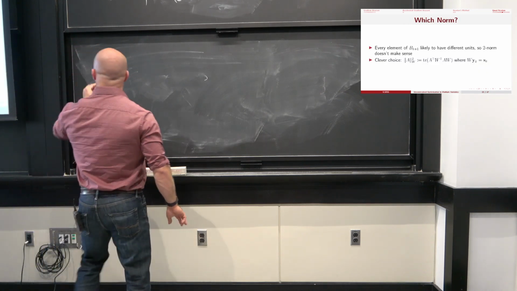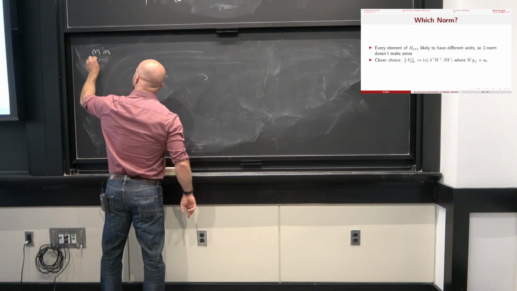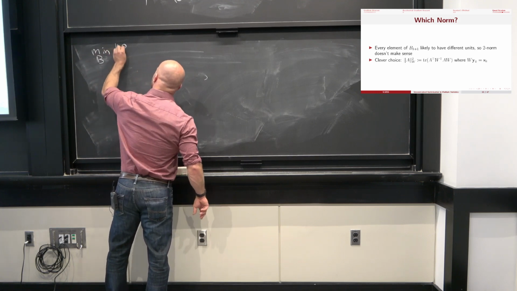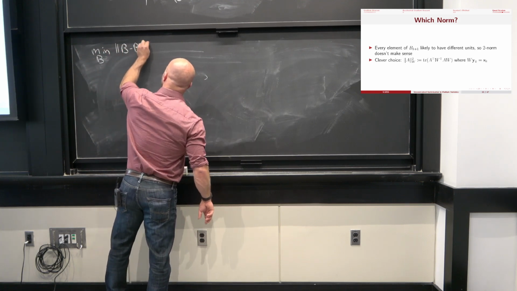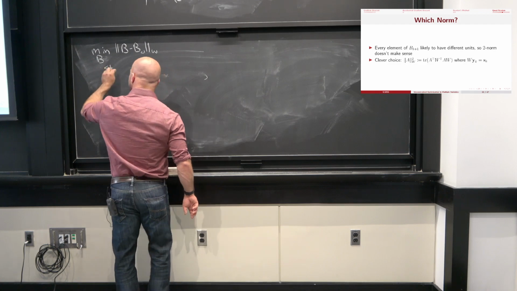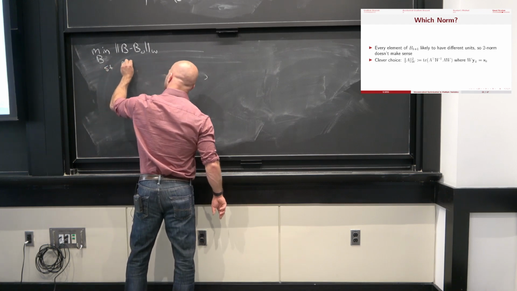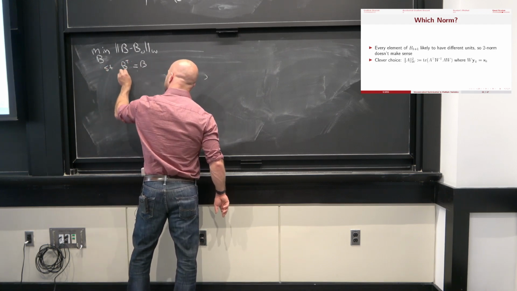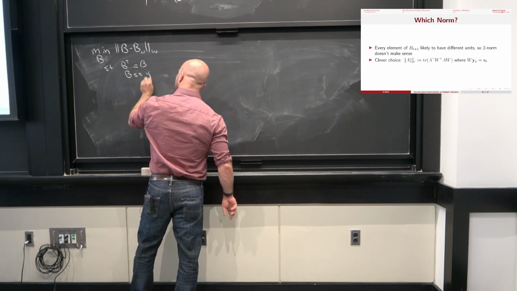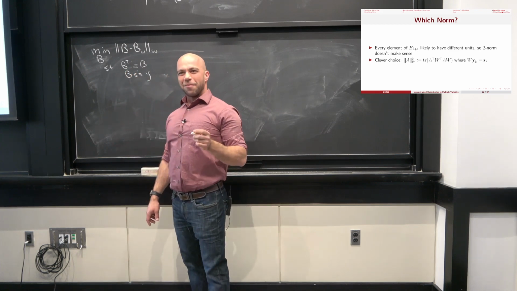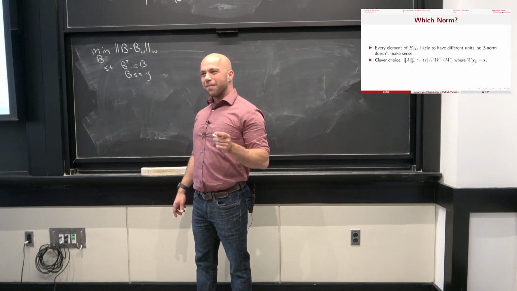Here's our optimization problem: minimize over B, you can think of this as B minus B naught, subject to B transpose equals B, and B S equals Y. That's our problem after I've abstracted away some pieces here.